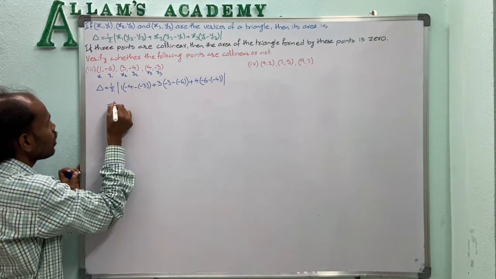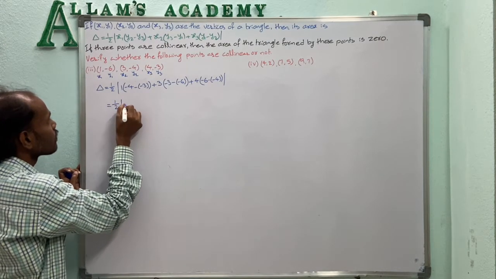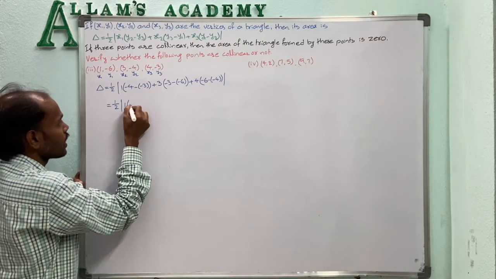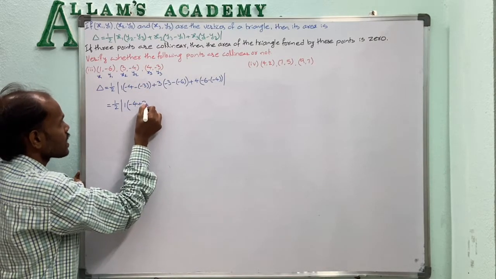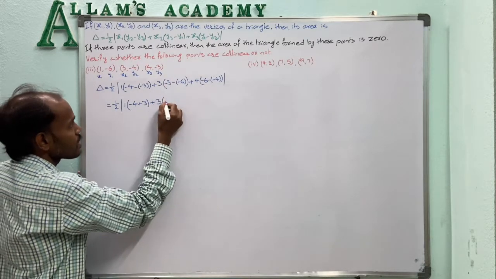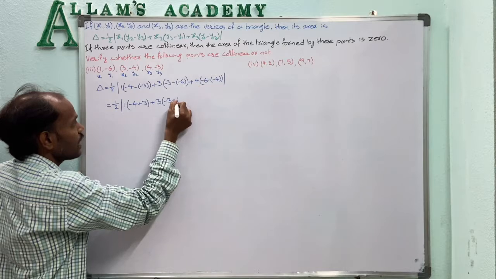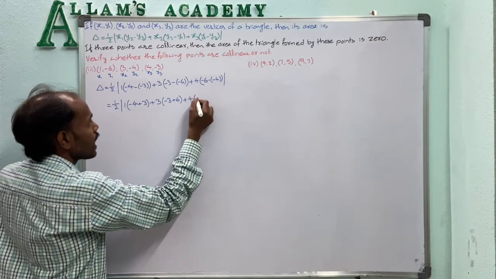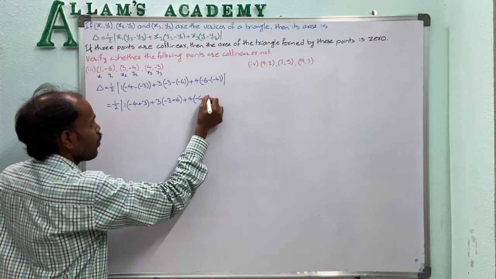That equals half mod of 1 into (minus of minus 3 is plus 3, so minus 4 plus 3), plus 3 into (minus of minus 6 is plus 6, so minus 3 plus 6), plus 4 into (minus of minus 4, that is plus 4).